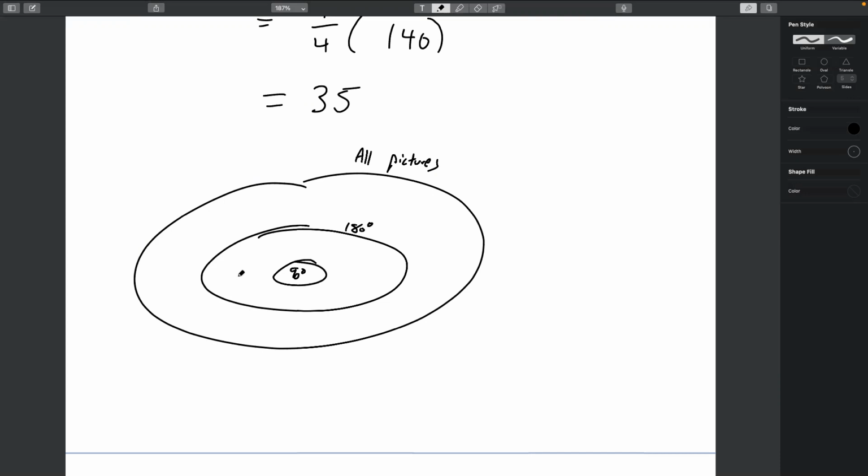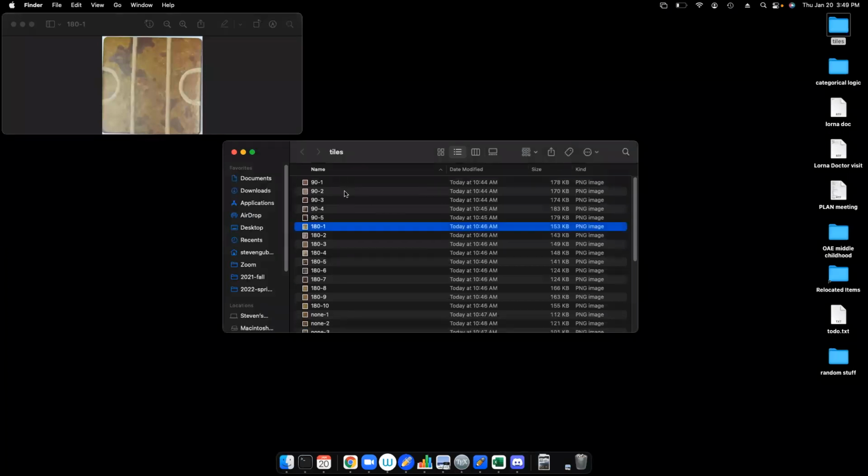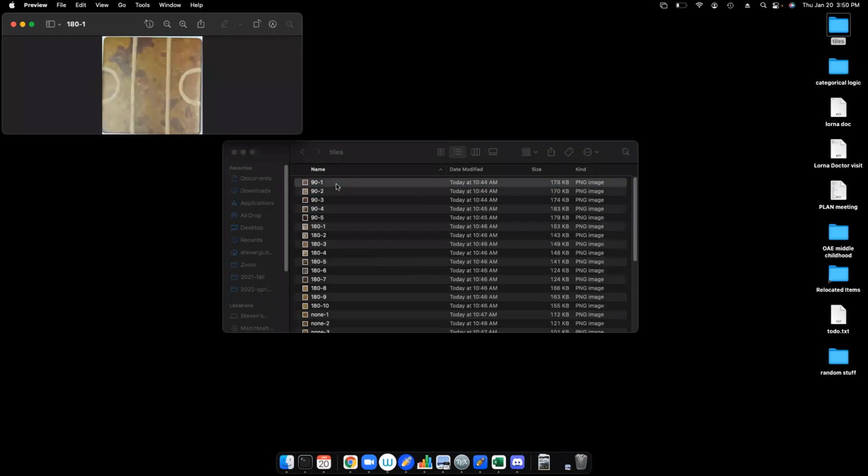So what I actually did here is I divided these up into piles. And I can show you the piles because I took pictures of all of them. So here's the 5 tiles right here that are all exclusively 90 degree, that have 90 degree and 180 degree symmetry. I'll click on just the first one so you can see an example.